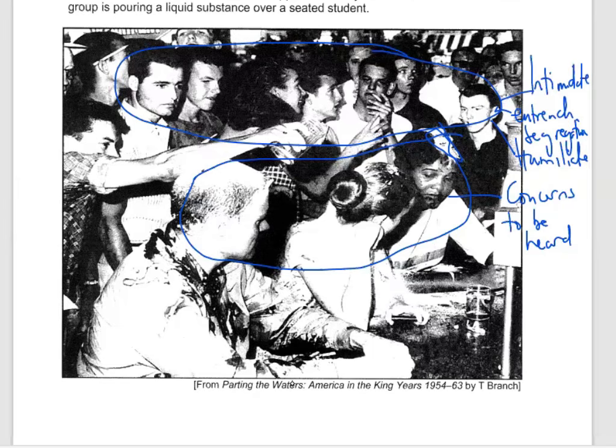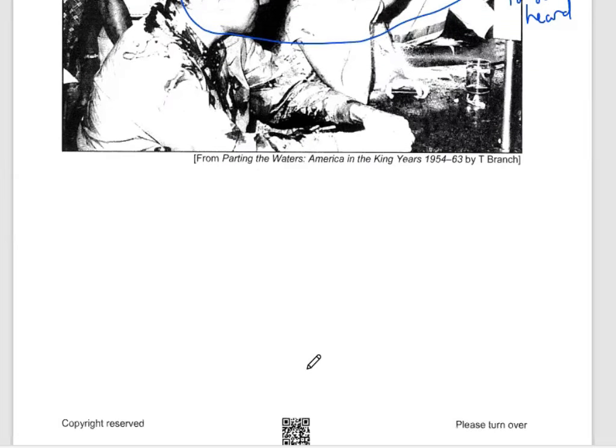Why do you think students participating in the sit-ins did not hit back against the intimidation by the white group? Why did they not hit back? One of the reasons is that sit-ins were non-violent.